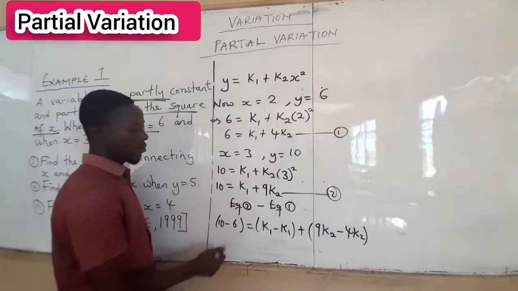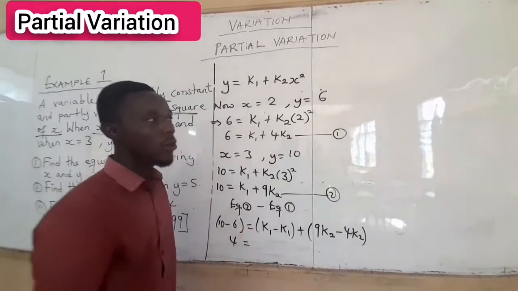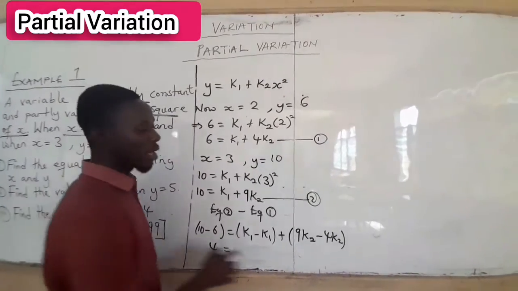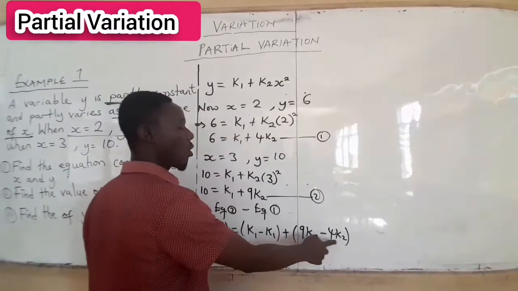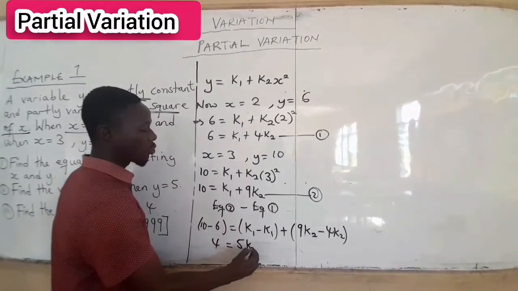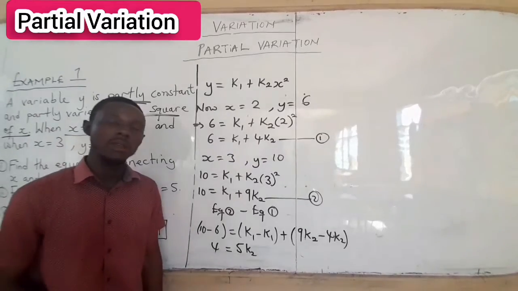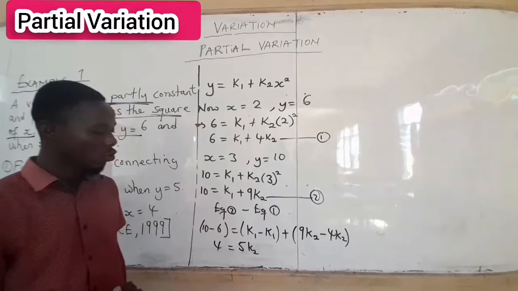10 minus 6 will give us 4. k1 minus k1 goes to 0, so there's no need for you to write it. Then we have 9k2 minus 4k2, which will give us 5k2. Since we have only k2 there, we can find the value of k2.